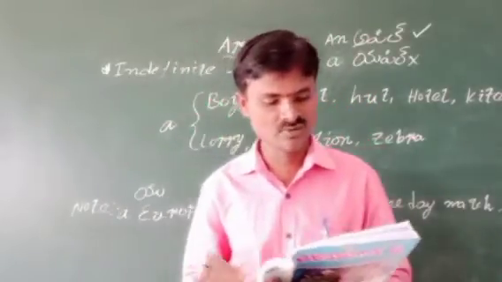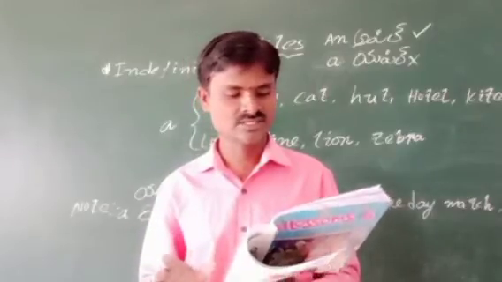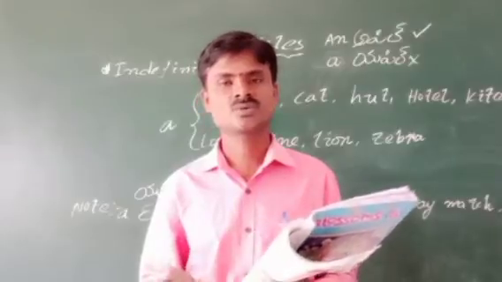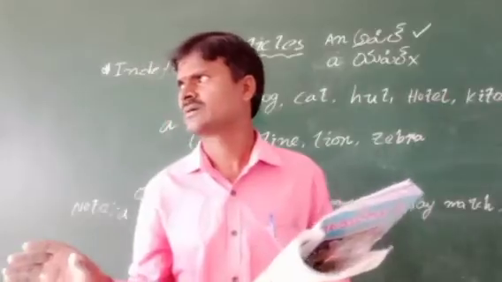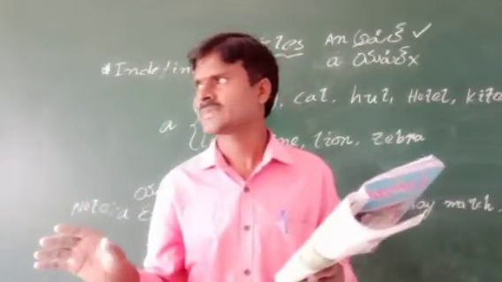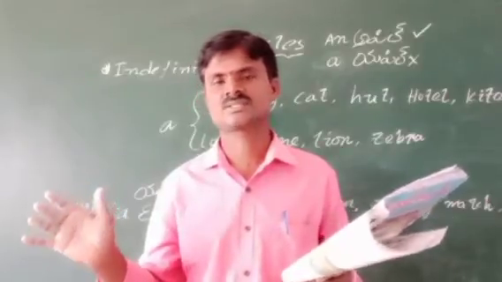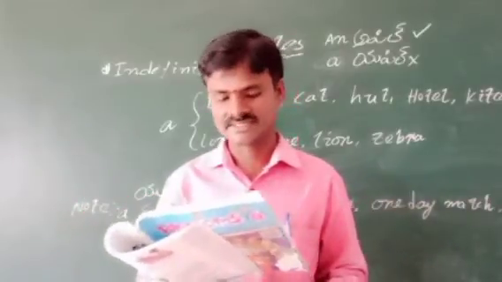Next, before superlative adjectives: the largest, the best, the smallest, the most beautiful girl, the most useful thing, the biggest, the richest. You have to use the before superlative adjectives.